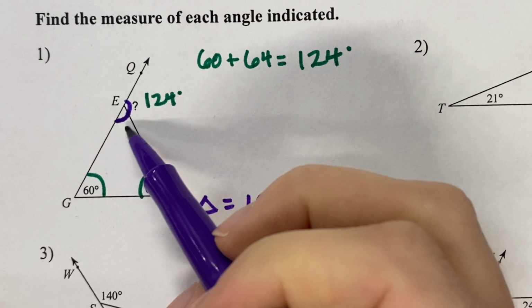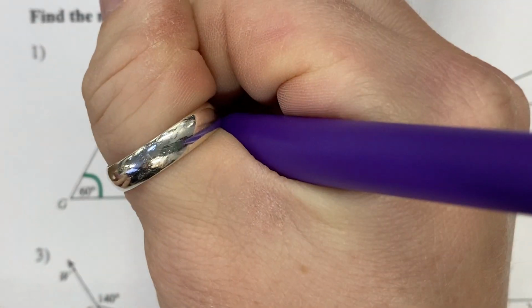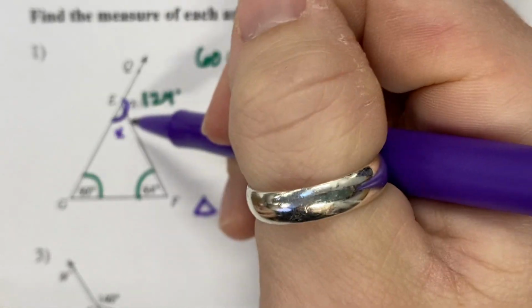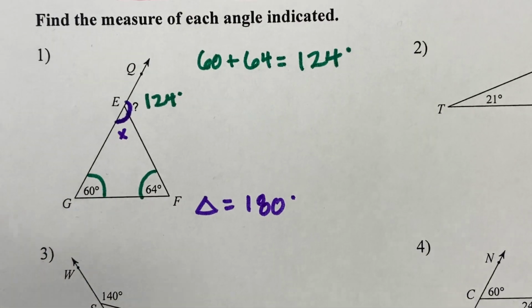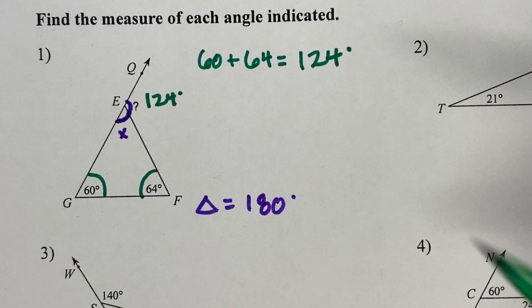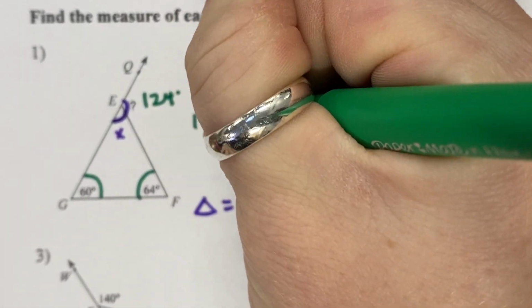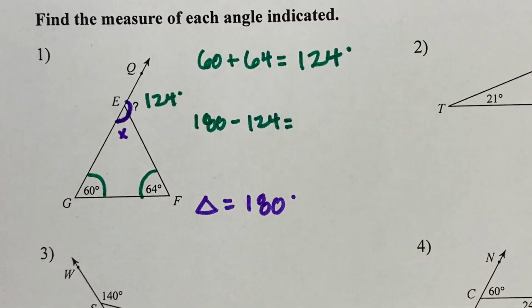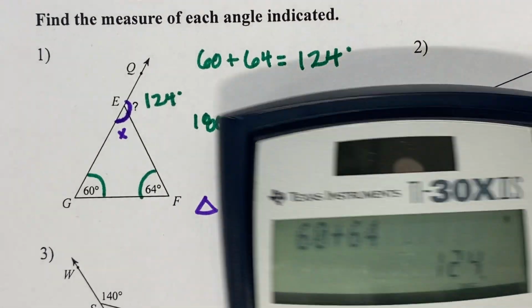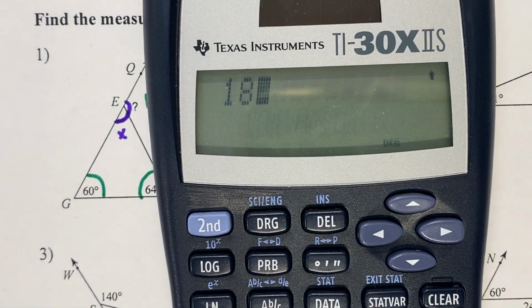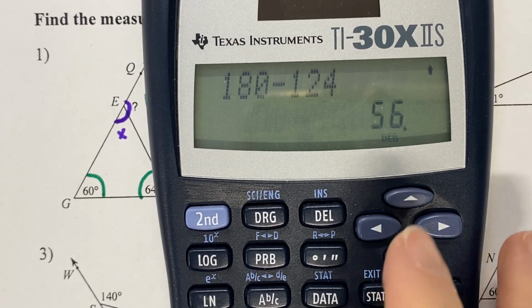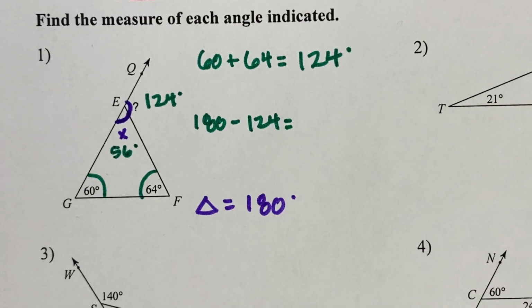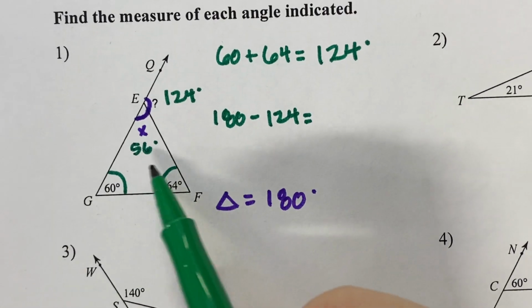So let's just figure out what that other interior angle is. We have 180 minus 124, which is going to give us 56. So this third angle is 56.